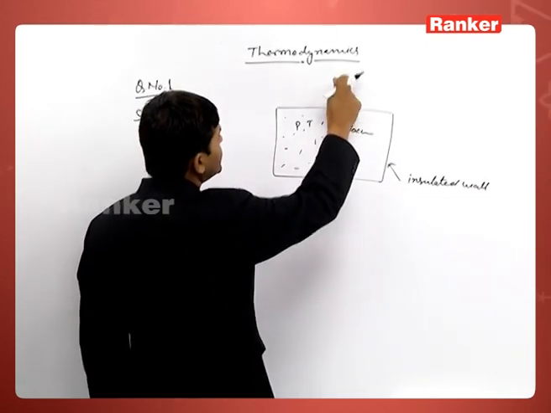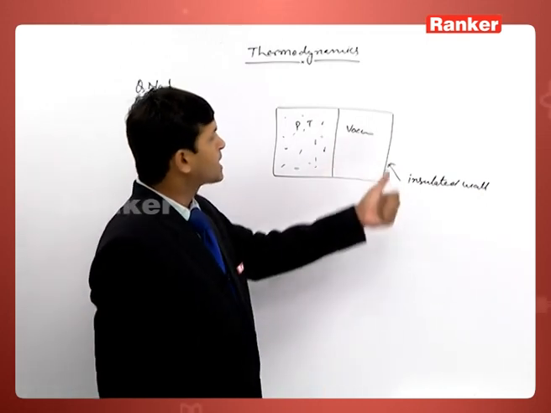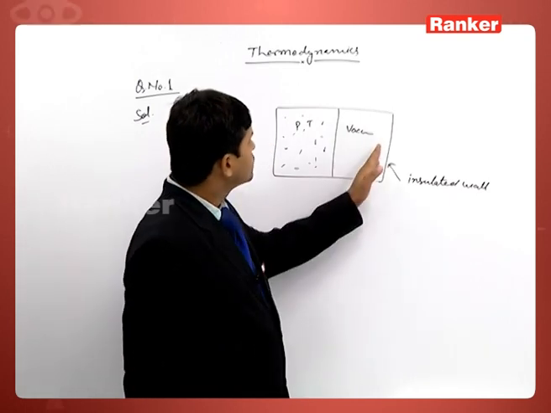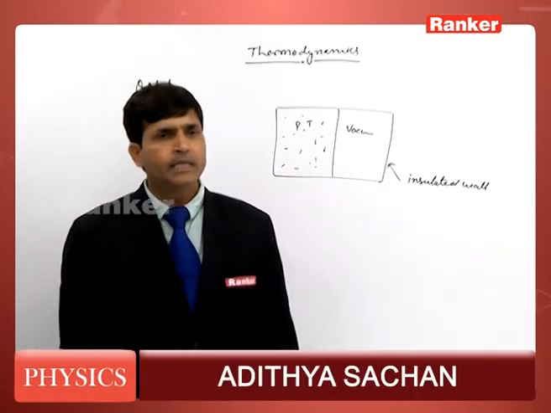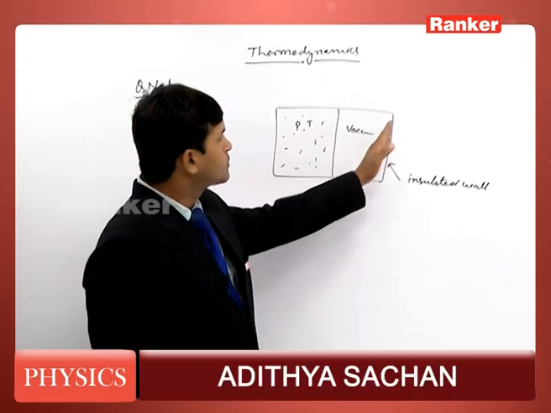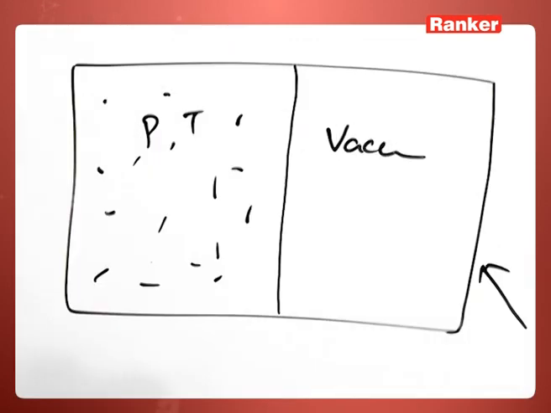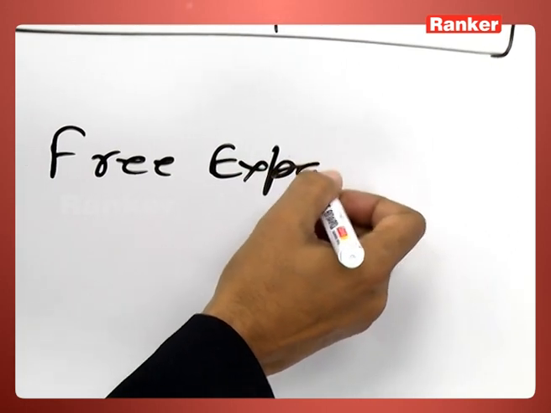So as soon as this is opened, the gas will occupy the complete volume. Since there is no pressure from this side, the gas does not have to do any work from here to here. So that is the case of free expansion. It is just like a free expansion.